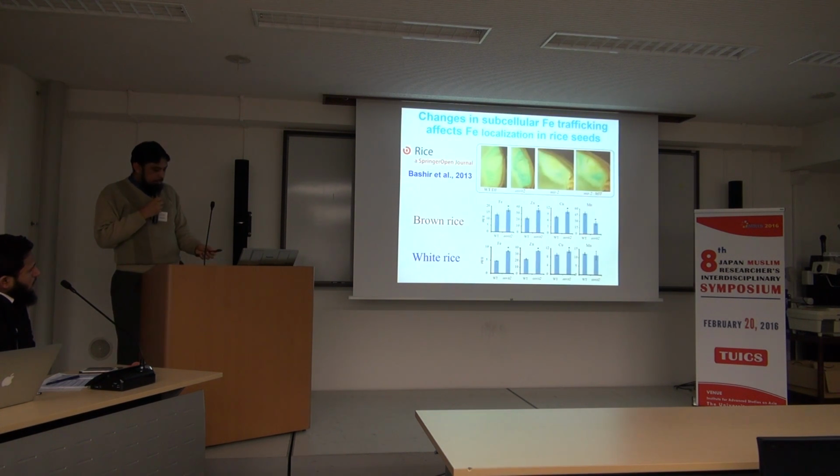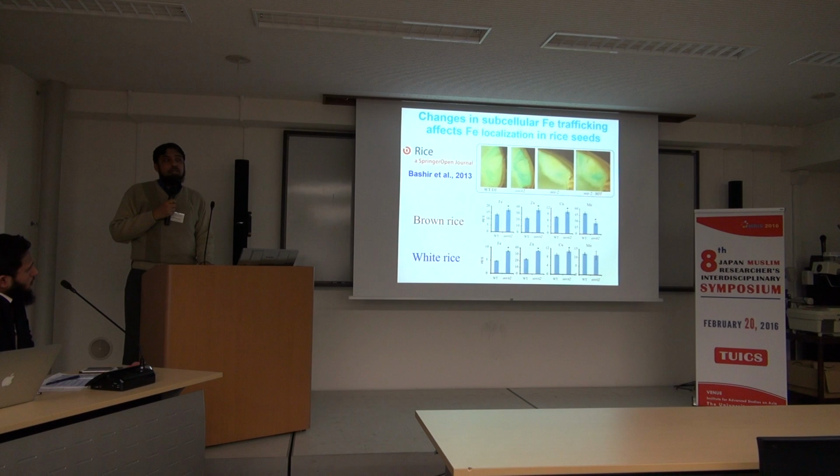And these are also some actual applications. When we disturb the transport, we can actually make plants which accumulate more metals in edible parts. Like in the case of rice, rice is a very poor source of minerals, especially white rice.